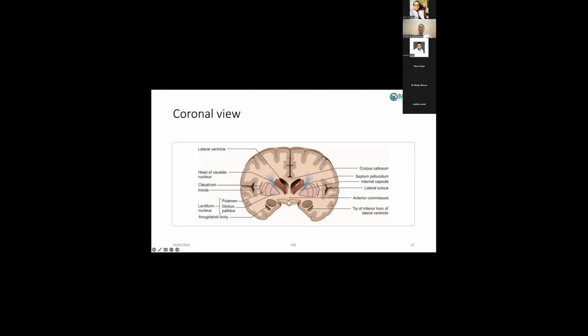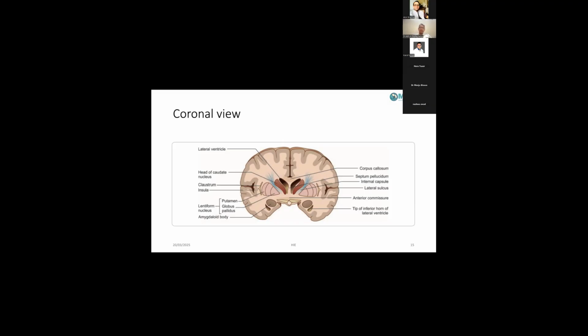And just abutting the ventricles, you have the caudate nucleus and the lentiform nucleus. In between that, you have the white fiber tracts that are connecting the cortical areas to the midbrain and further down. So you can imagine if it is a white matter area, it is full of myelin.